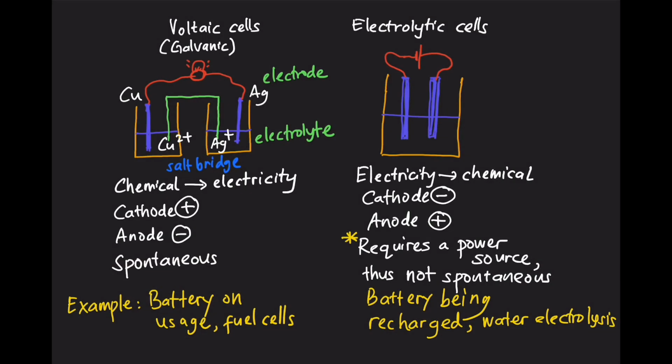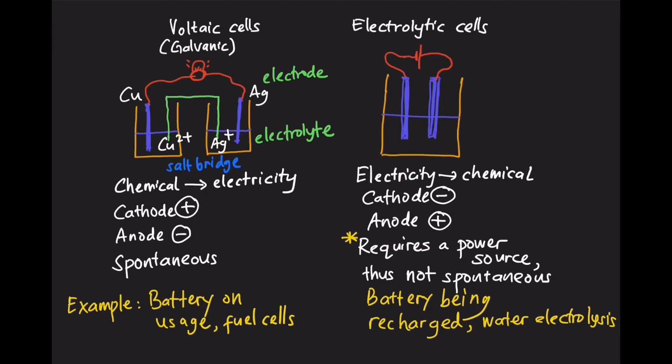The second electrochemical cell we call the electrolytic cell, or the process itself is called electrolysis. Similarly, we'll have electrodes, in solid form like this, and it would also have electrolytes, which is the solution with ions. Now in this case, it is the reverse of the voltaic cells, where we generate chemical reactions by hooking them up to a power source or electricity.